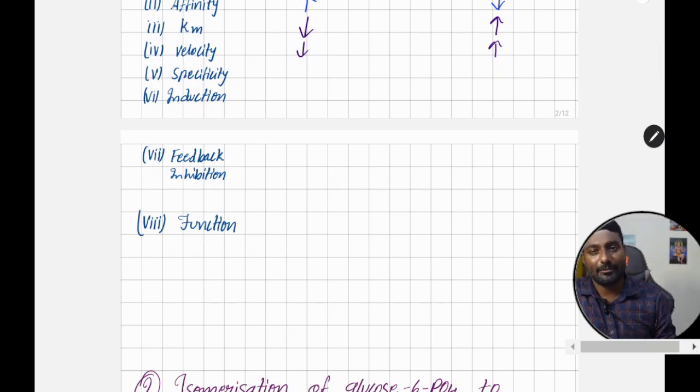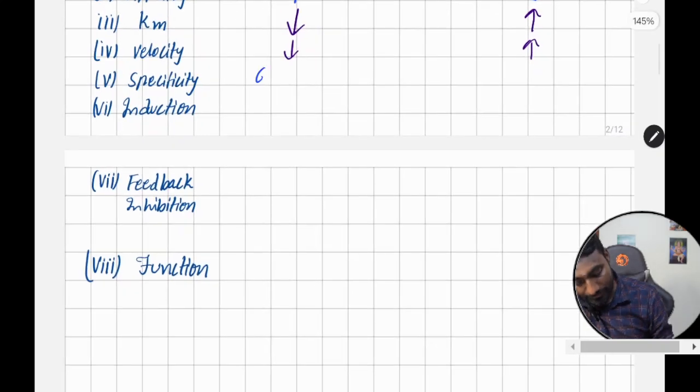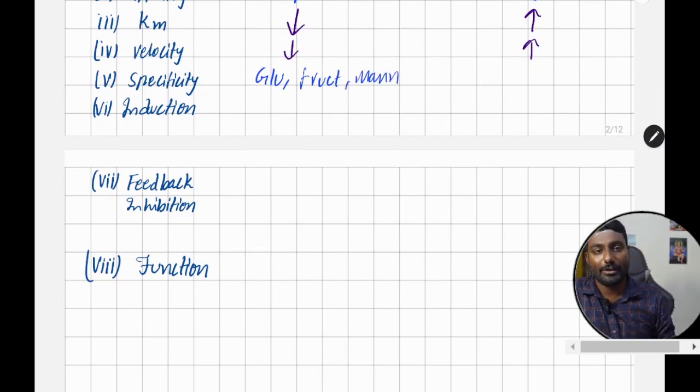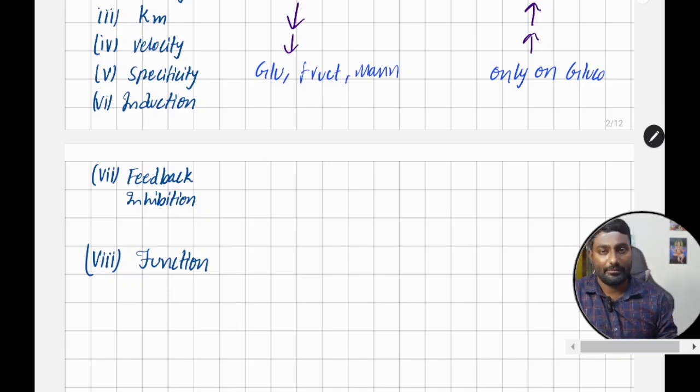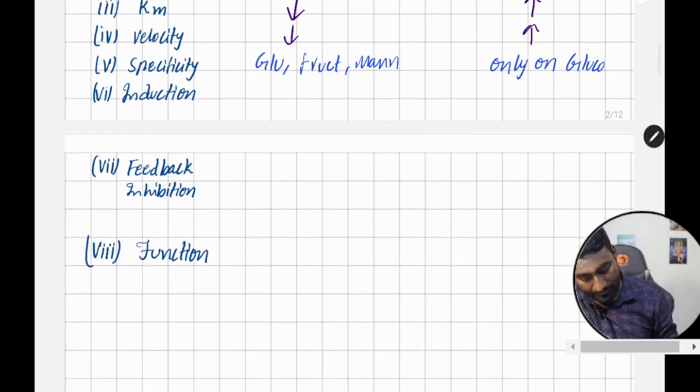Hexokinase is not that specific. It acts on glucose, fructose, and mannose. But glucokinase is specific. It acts only on glucose. Got it? Okay. Now, induction.